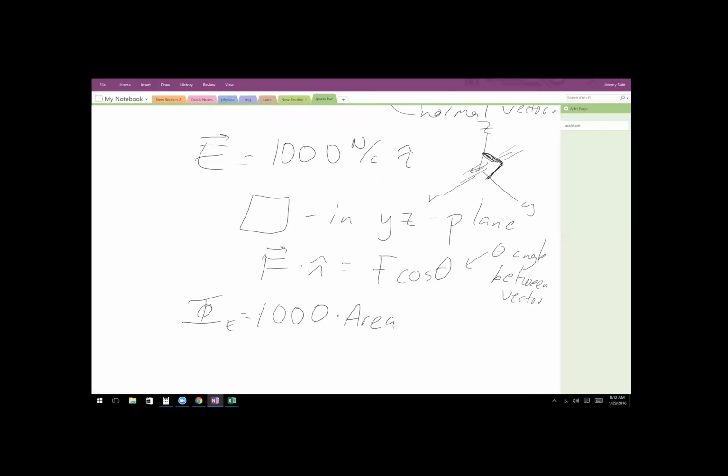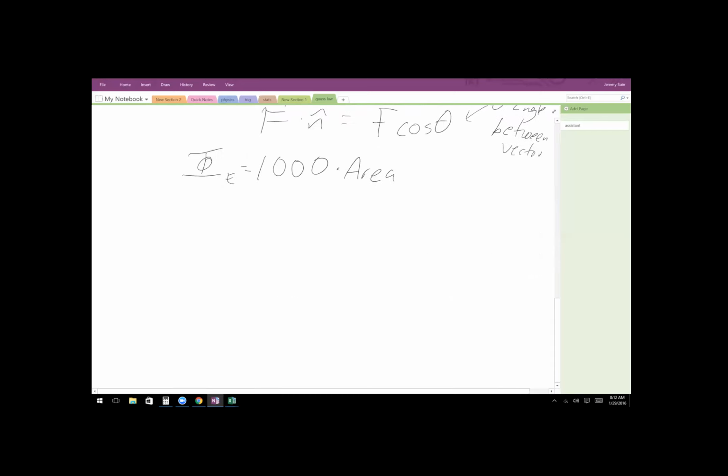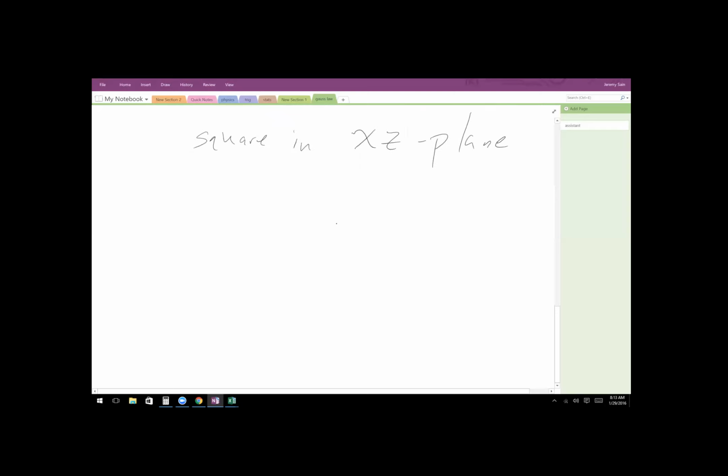On the other hand, if I turn my square around, let me redraw the picture. Let's say the square is in the XZ plane. So if I draw the picture again, here's my X, here's my Y, here's my Z. My square is sitting here like that, but my field is still going in the X direction.